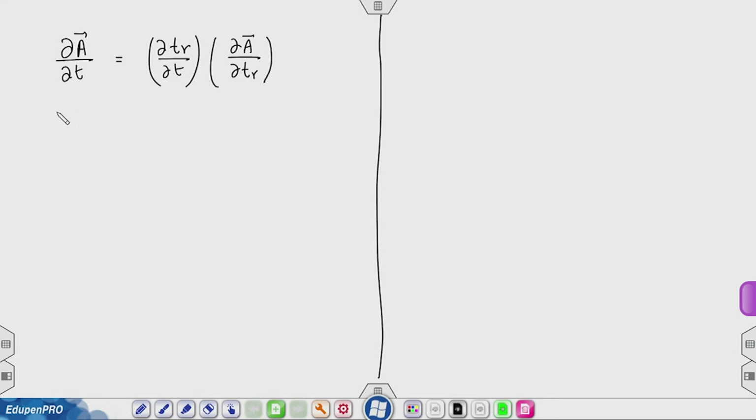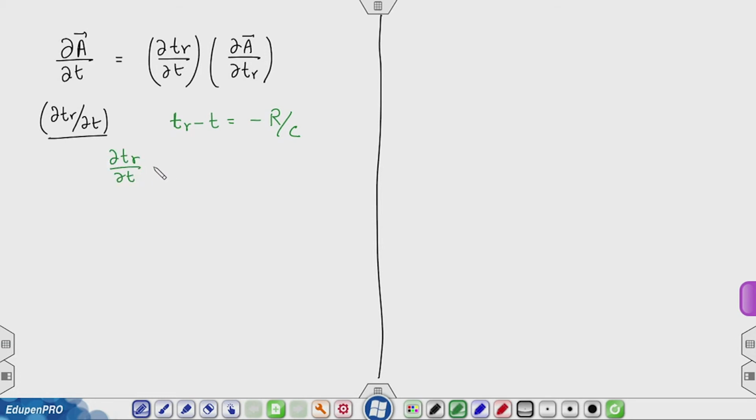First, let me calculate dtr by dt. For this, I will again use the condition that Tr minus T is equal to minus R over C, and if I take the derivative with respect to time on both the sides, I get partial derivative dTr by dt minus 1 is equal to minus 1 over C dr by dt, which is equal to minus 1 over C dr by dTr by dt again.